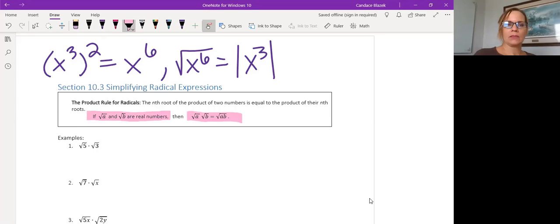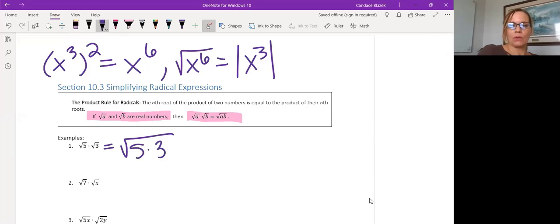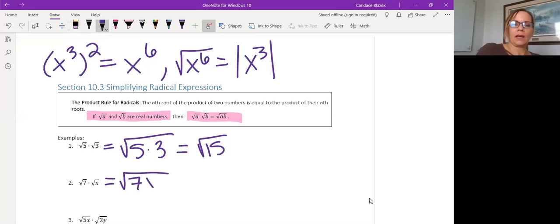So just combining these, when I look at the square root of 5 times the square root of 3, by the product rule for radicals, it's the square root of 5 times 3, or the square root of 15. We can look at number 2. The square root of 7 times the square root of x would be the square root of 7 times x. We can't simplify that any further, so we would just say it is the square root of 7x.